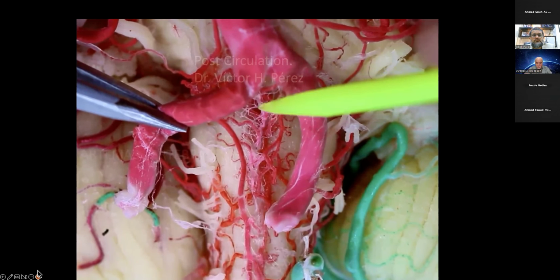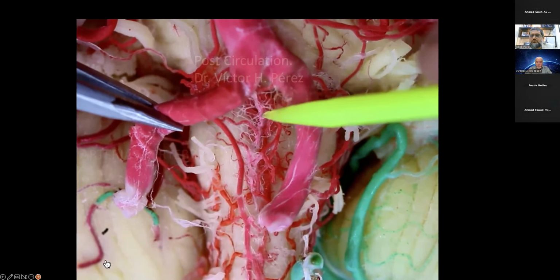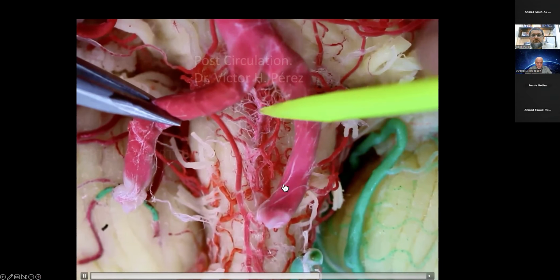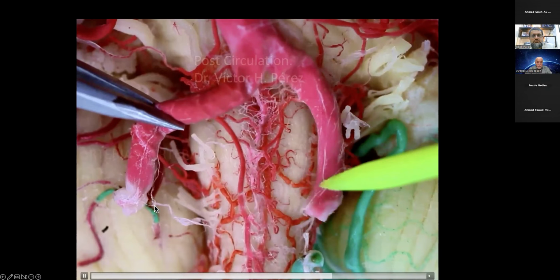I insist, the meningioma could be attached to these small vessels and also to the lower cranial nerves. Let's go to the next slide.